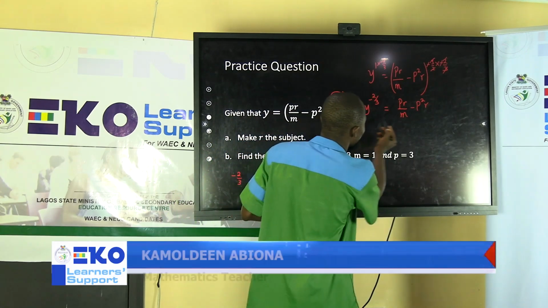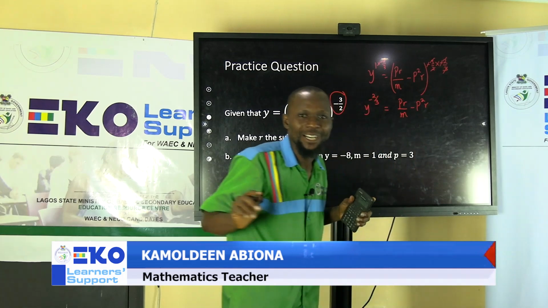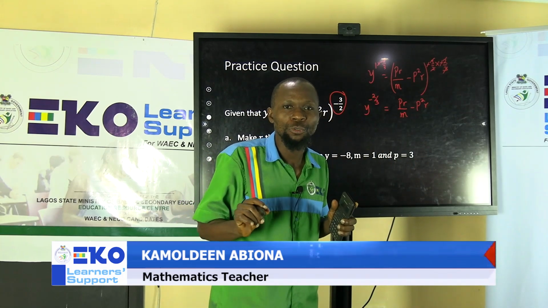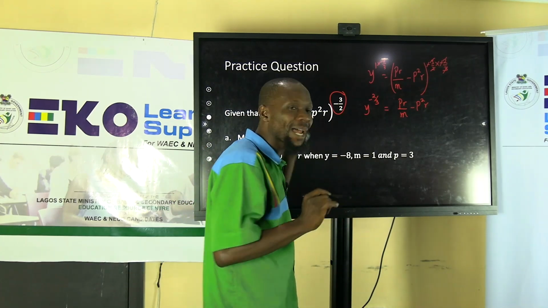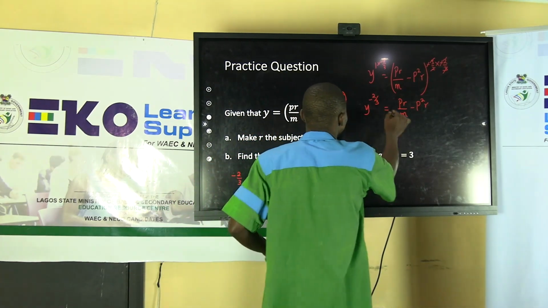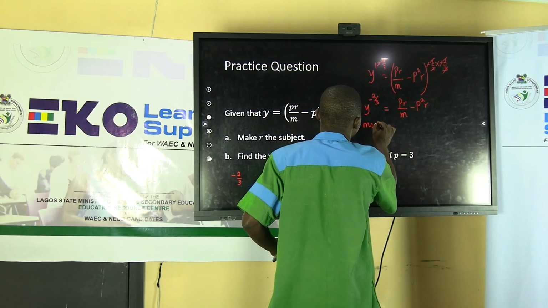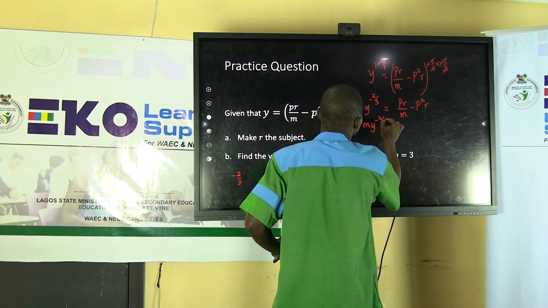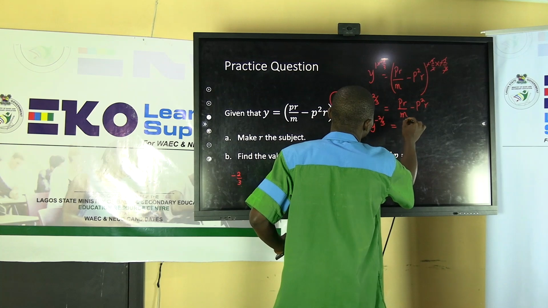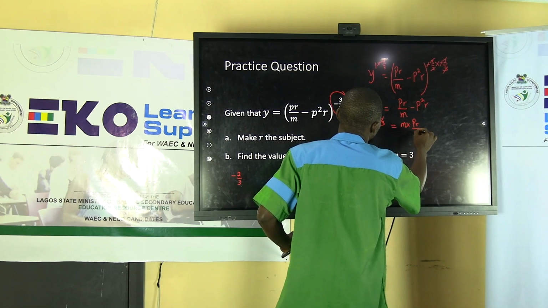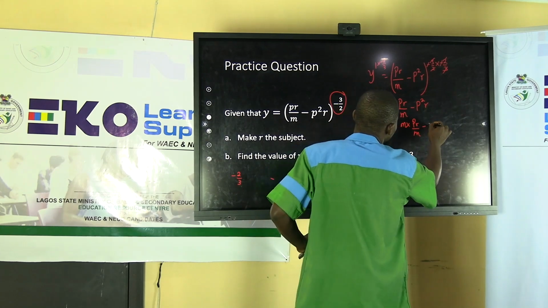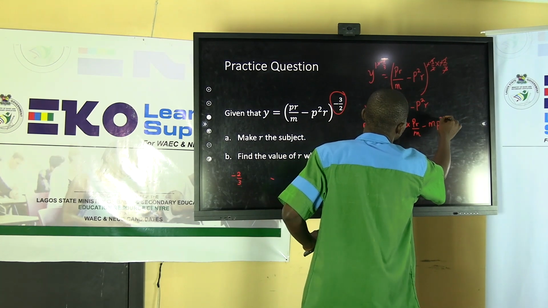What's the LCM of the denominator? We have just m as the denominator here. So, the LCM of m and 1 is still m. So, multiply through by m. We have m y raised to power minus 2 over 3 equals m multiplied by PR over m, minus m multiplied by p squared r.